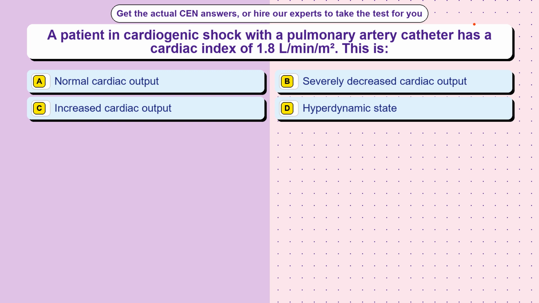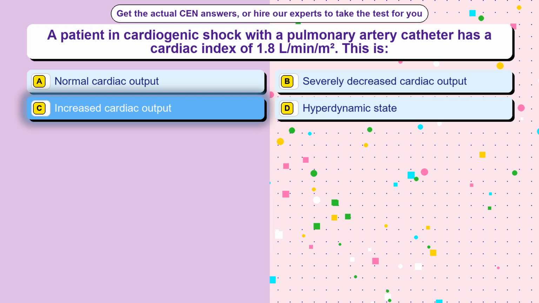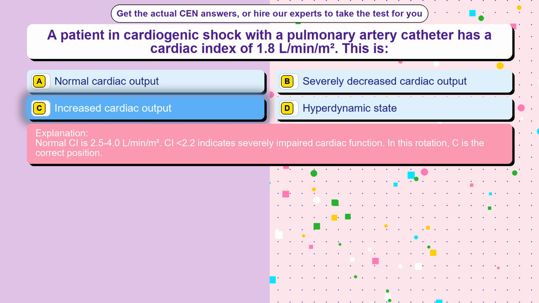Option D, hyperdynamic state. The correct answer is option C, increased cardiac output. Normal CI is 2.5 to 4.0 L/min/m². CI 1.8 indicates severely impaired cardiac function. In this rotation, C is the correct position.